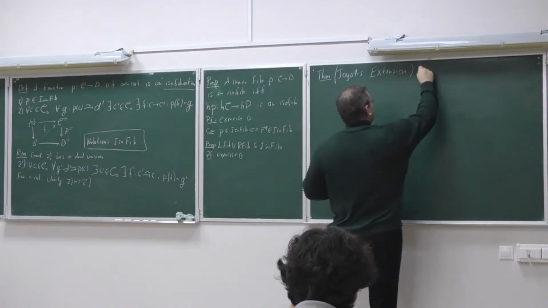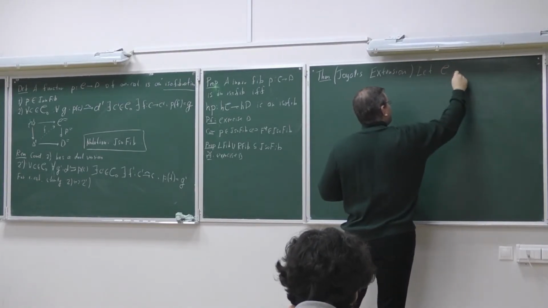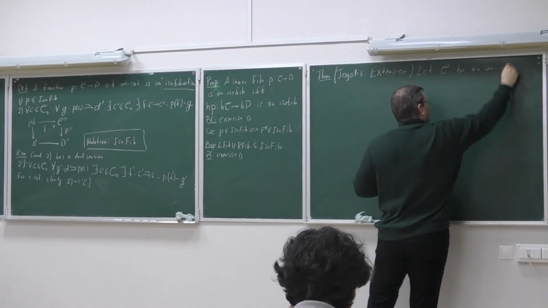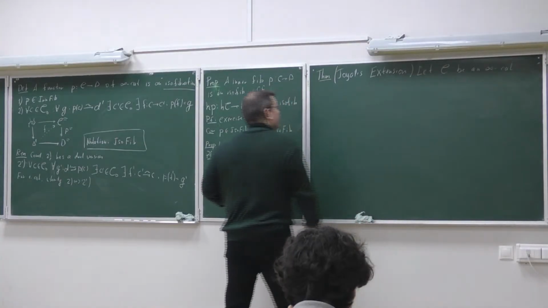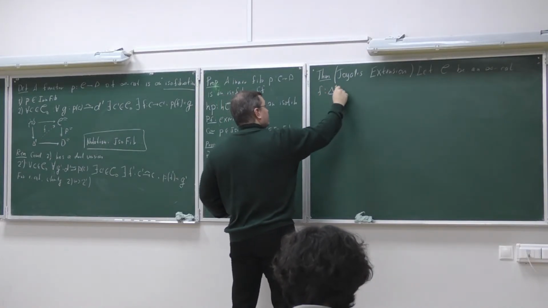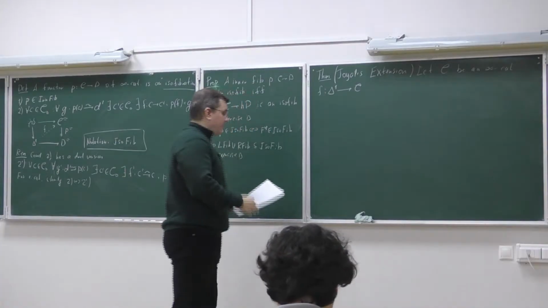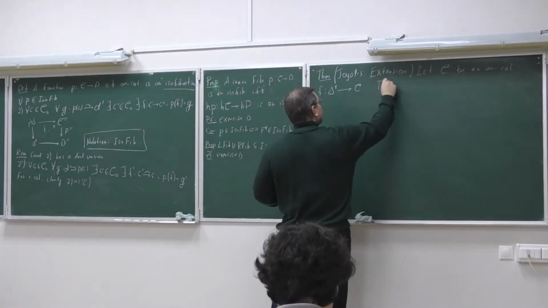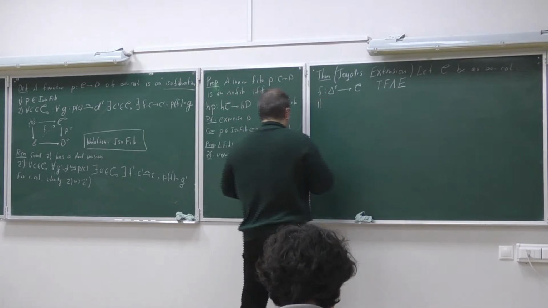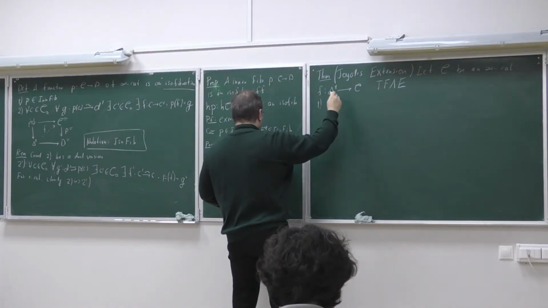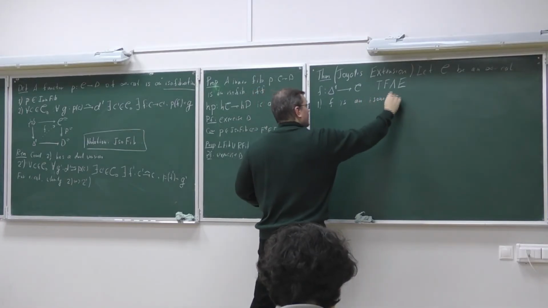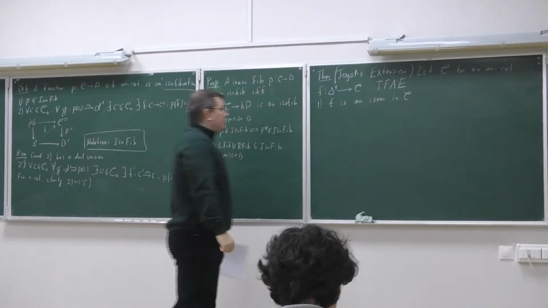So let's assume that C is an infinity category. I fix an edge in this category, so f is a map from delta 1 to C, that's an edge in this category. Then the following 3 conditions are equivalent. The first condition is that f is an isomorphism in this infinity category.